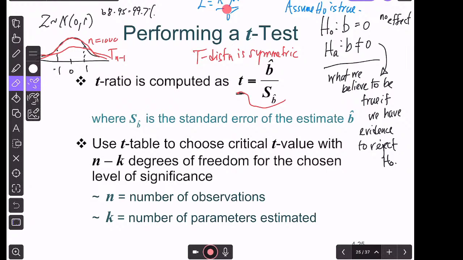Are you still with me? Stay with me. To standardize, in this case we're going to get a t distribution, not a z, a t statistic. I'll talk about that in a bit. We take our value of b hat and subtract its mean, and divide by its standard error. We call it standard error, but it's like a standard deviation.